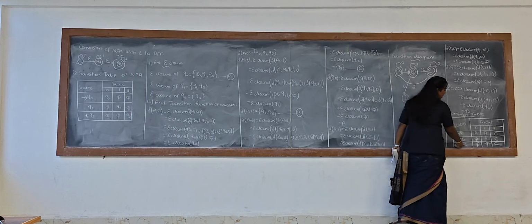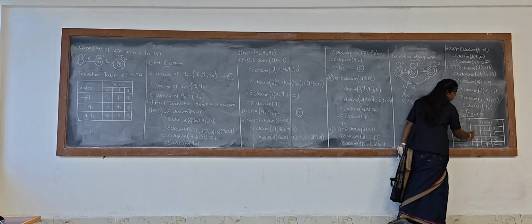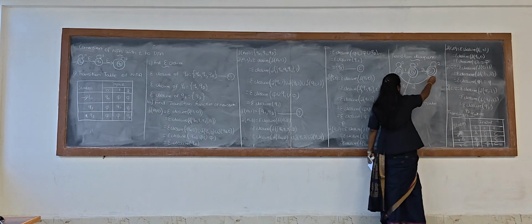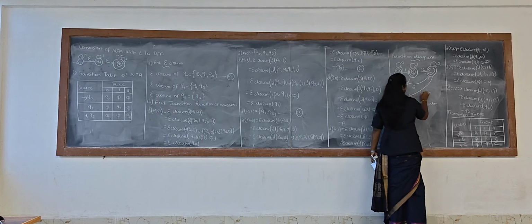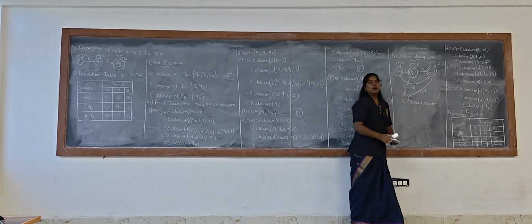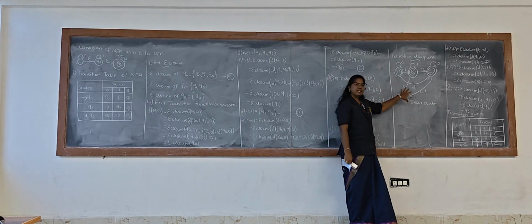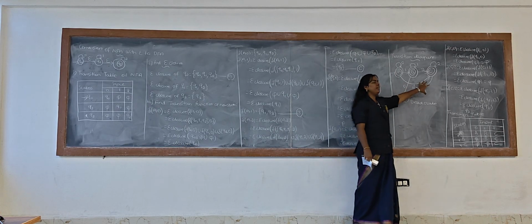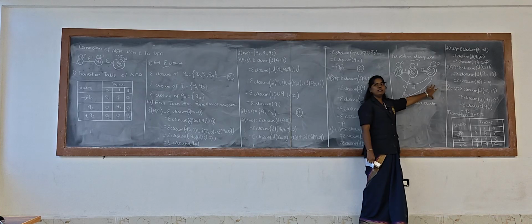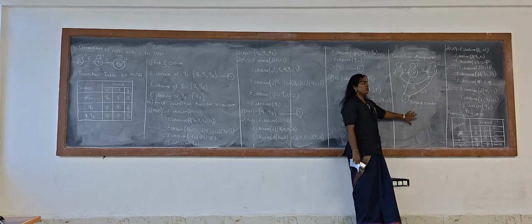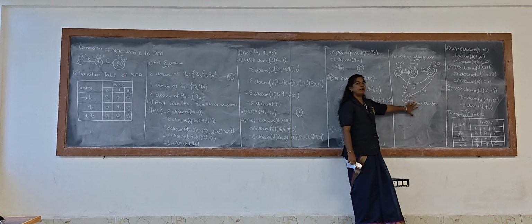This means there is a transition, but this state could not reach the final state. Okay, this is the meaning. So this is the final DFA, and that is how we can convert this NFA with epsilon to DFA.